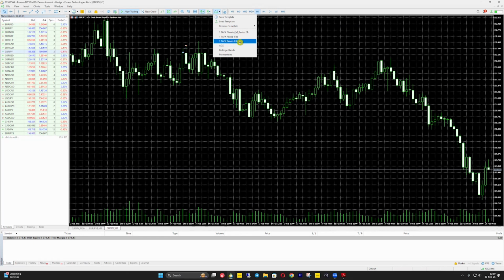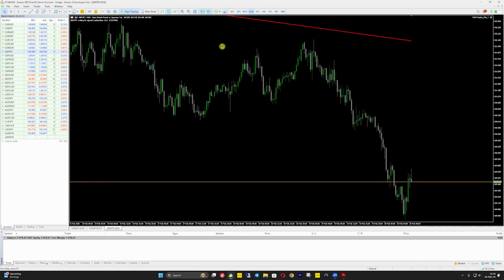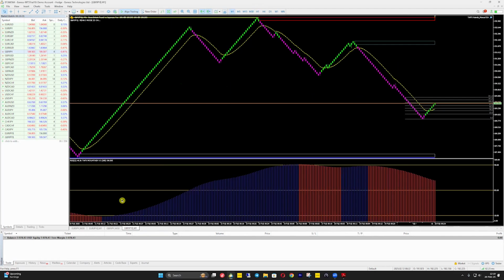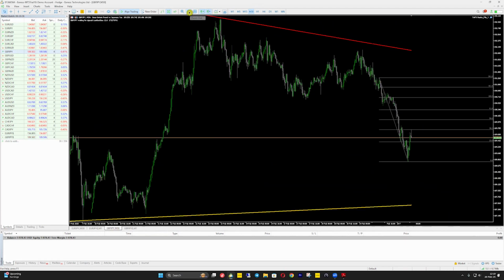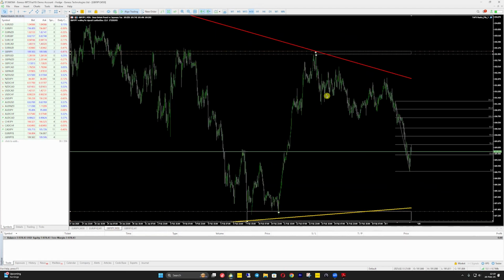All right, if you want every brick to be counted with the pips, it is very simple. You just click that file. All right, by clicking that file, guys, everything will be there. Everything will be attached automatically, so you don't have to work hard in order to see everything.